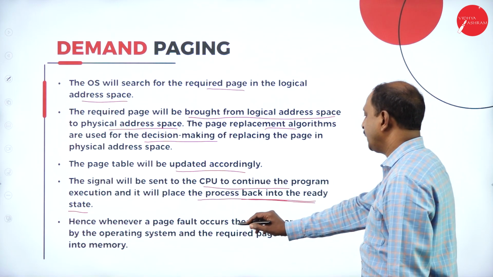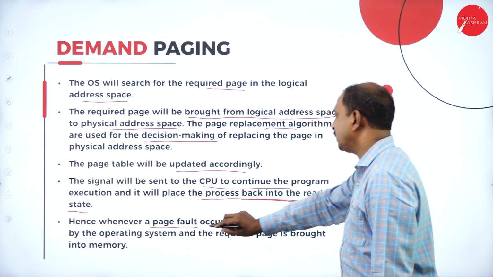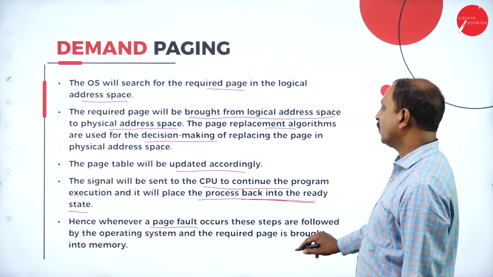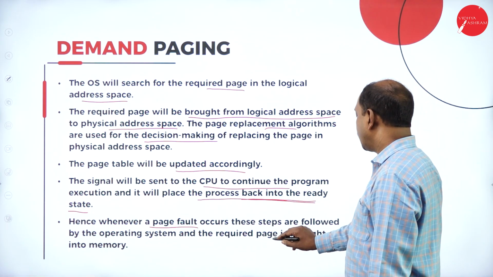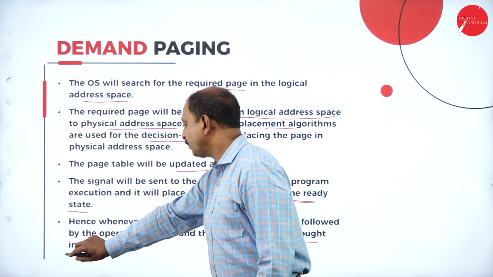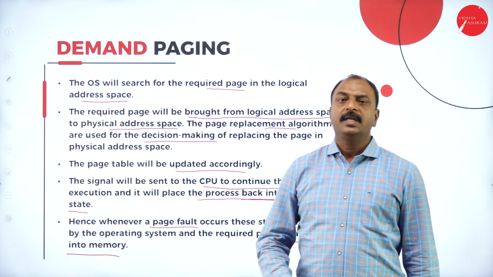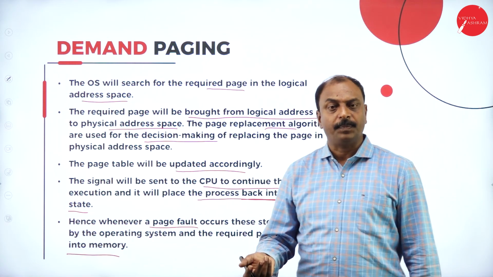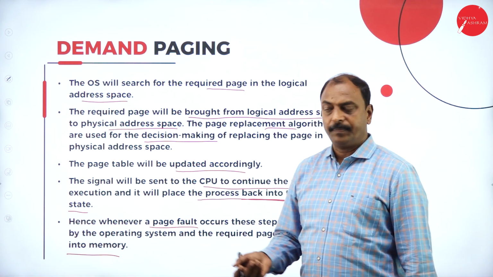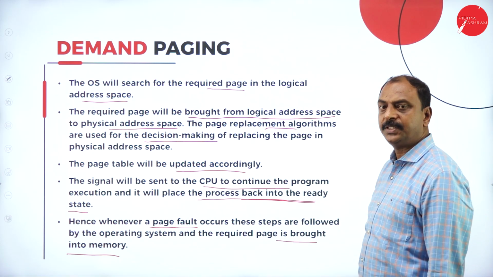Hence, whenever a page fault occurs, these steps are followed by the operating system and the required page is brought into the memory through swapping. That is page fault servicing and swapping. This is about demand paging.